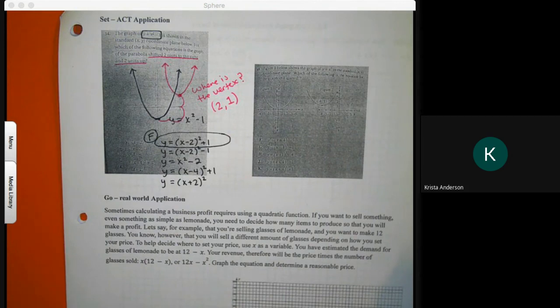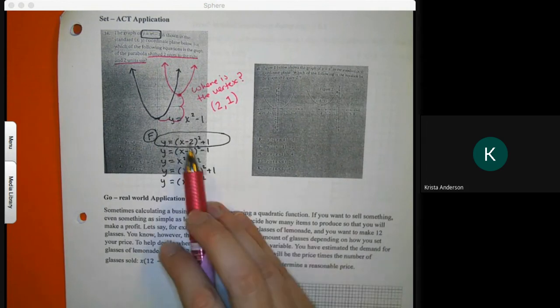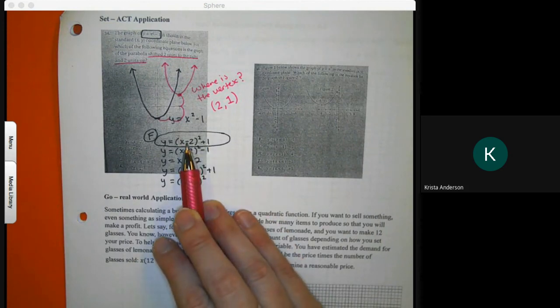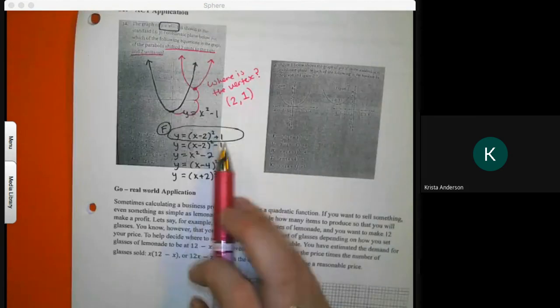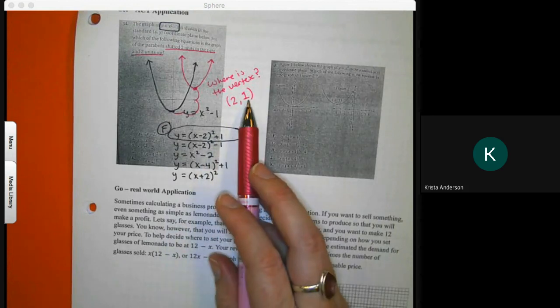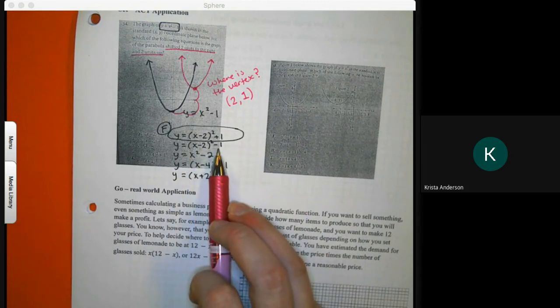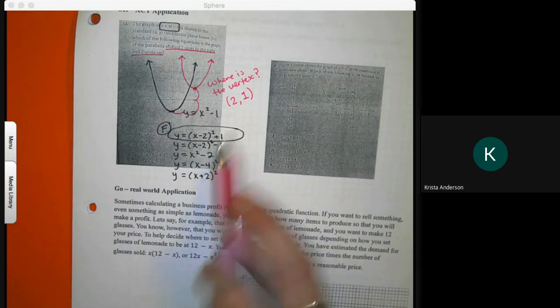And there's 2. Let's see if we can calculate. When I pull the vertex, the 2 would be a +2, and this would be a +1. If I tried to take this vertex out, the 2 would be correct, but the 1 would be wrong. It wouldn't be a -1 there.